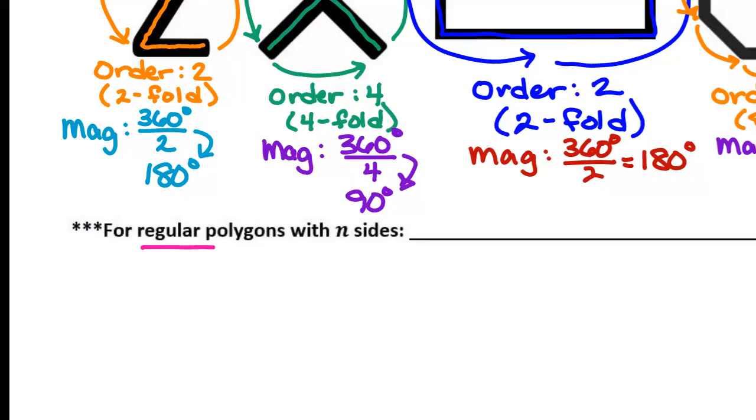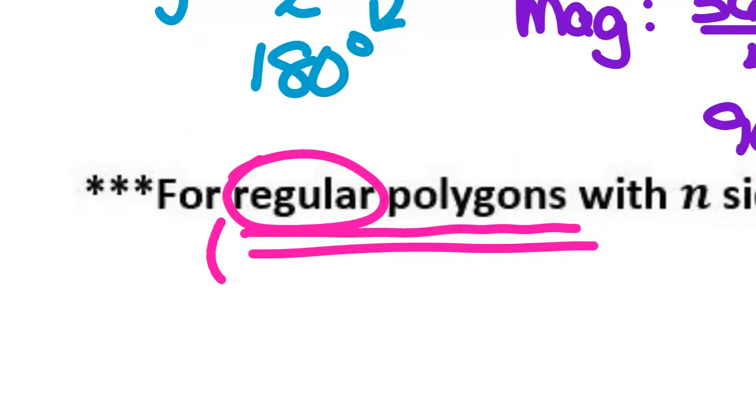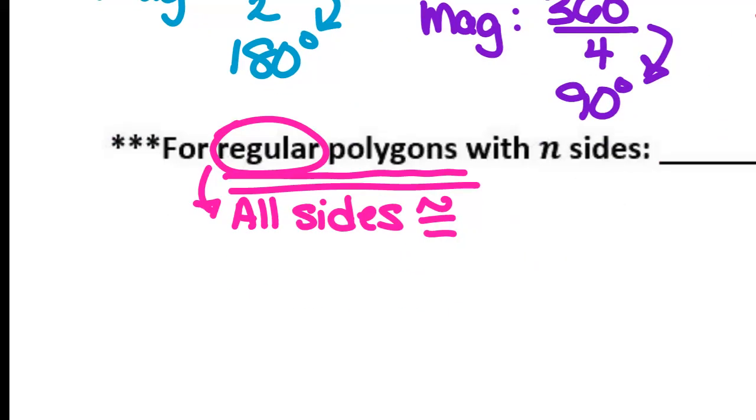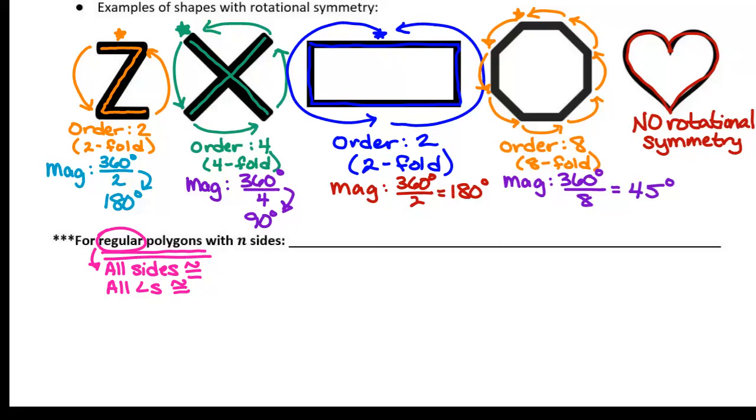For regular polygons, you remember a regular polygon? This is where all sides are congruent and all angles are congruent. A polygon is a shape with straight sides.